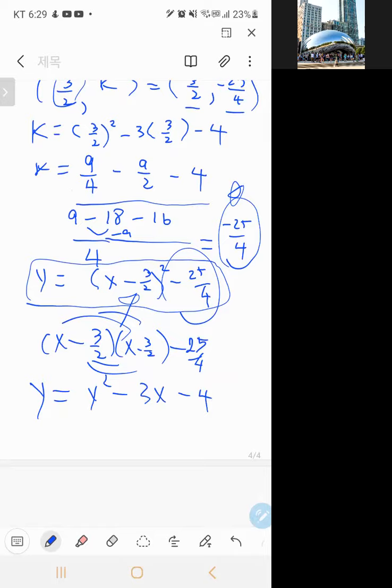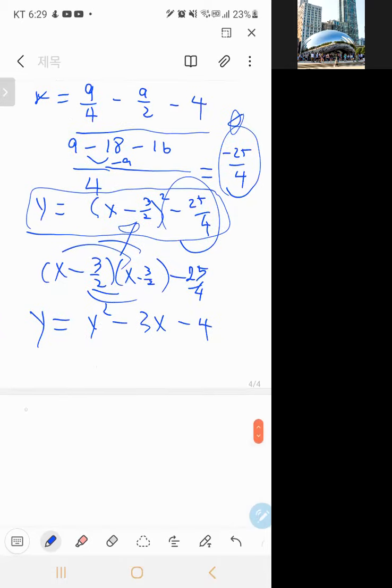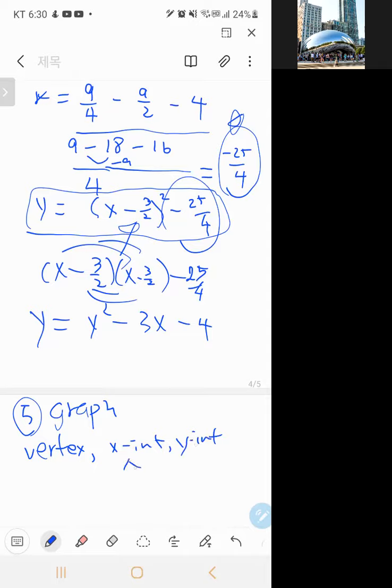Okay, so last one. When we graph, we want to have the vertex, x-intercepts, and y-intercept. Since we got two x-intercepts, we want to have 4 points on our graph.